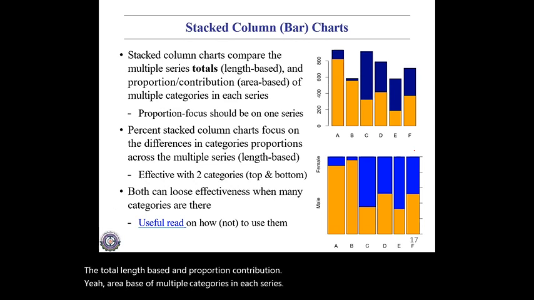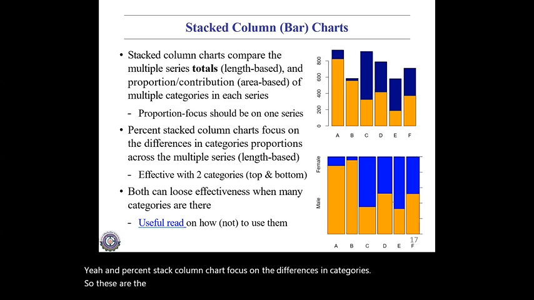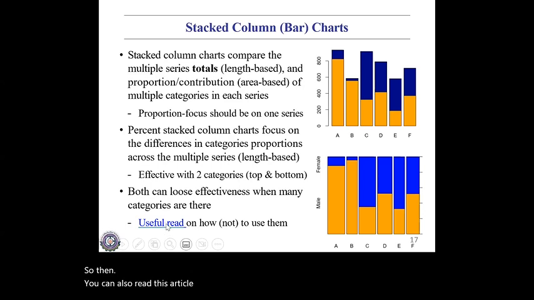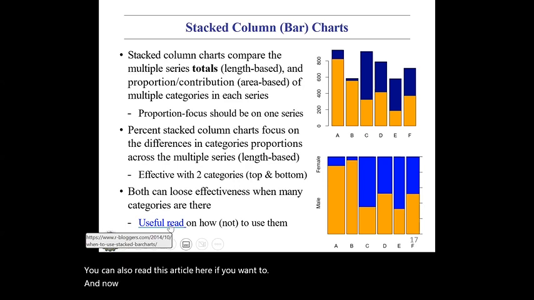The proportion focus should be on one series, and the percent stacked column chart focuses on the differences in categories. So these are the stacked column charts. You can also read this article here if you want to know about how to use a stacked bar chart.